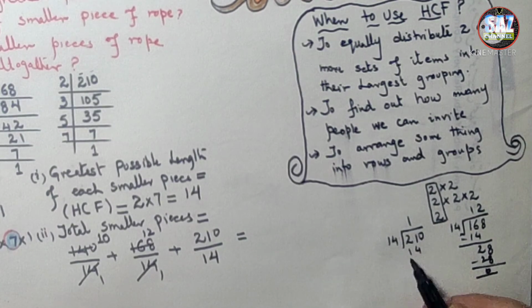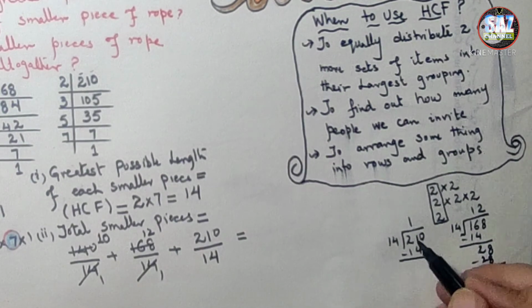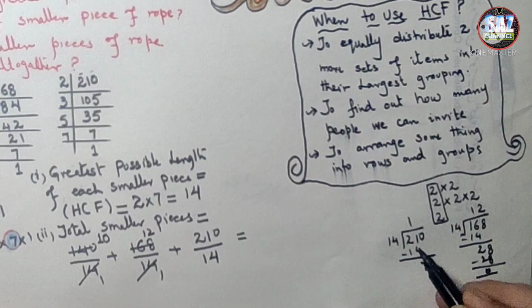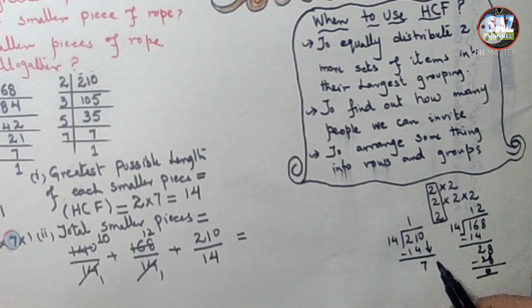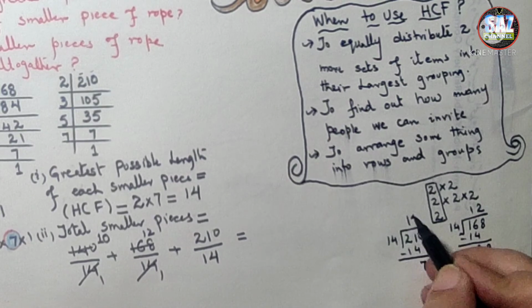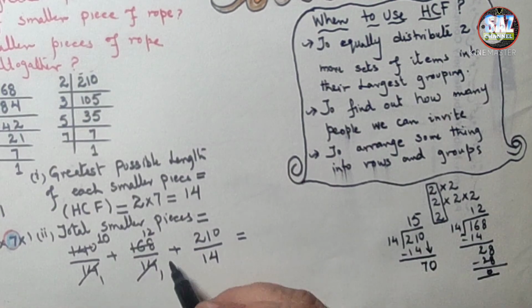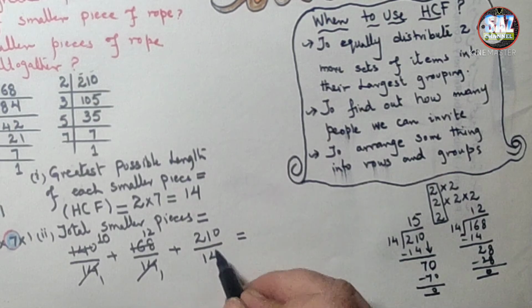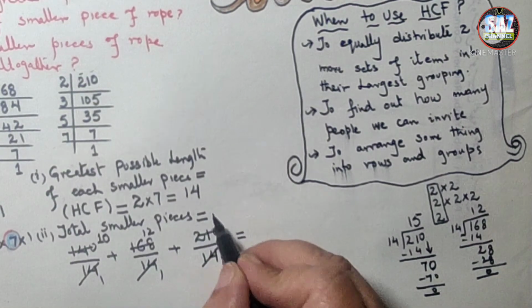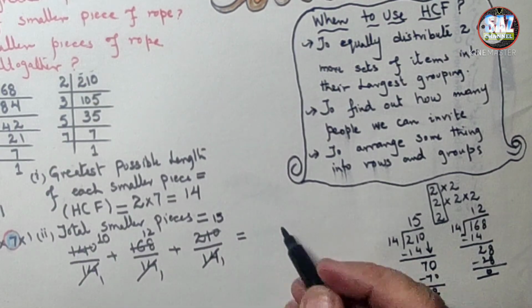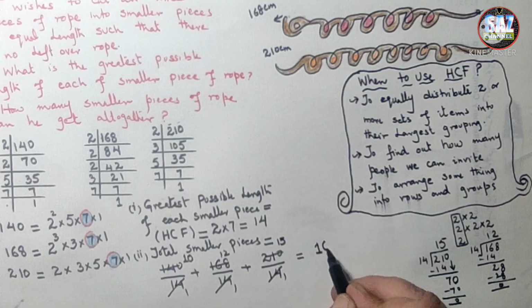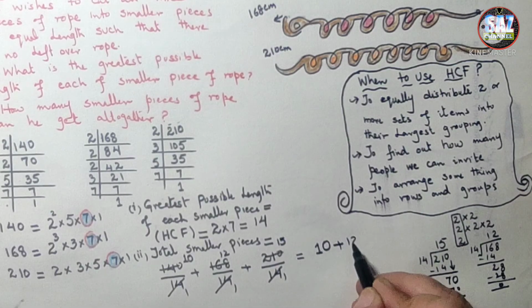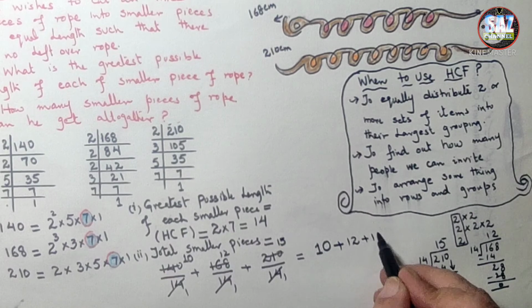This will be 14, and I will be left with 7, and I have to bring the 0 down. 14 fives are 70. Okay, and I have to complete the process as well. 14 ones are and 14 15 times. Okay, and I'm left with 10 plus 12 plus 15.